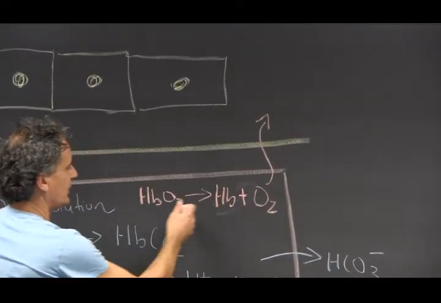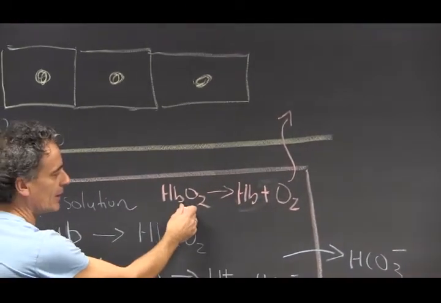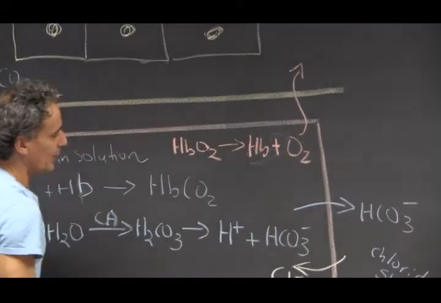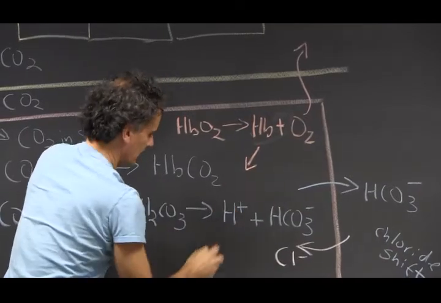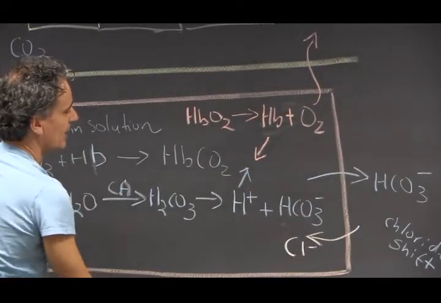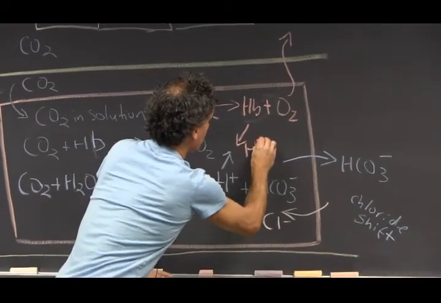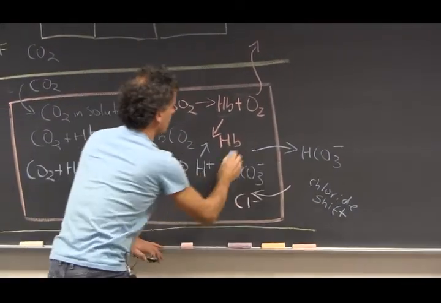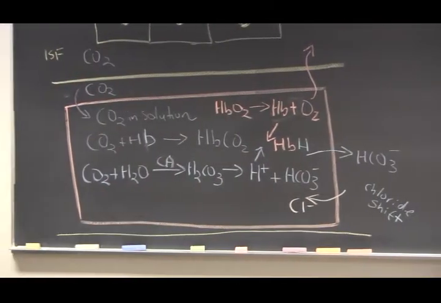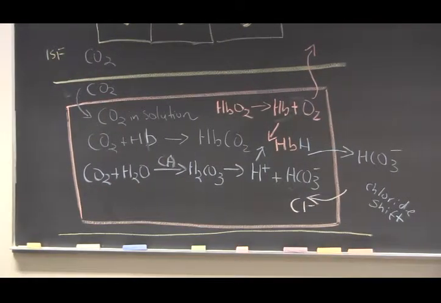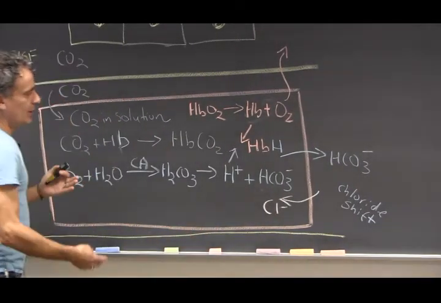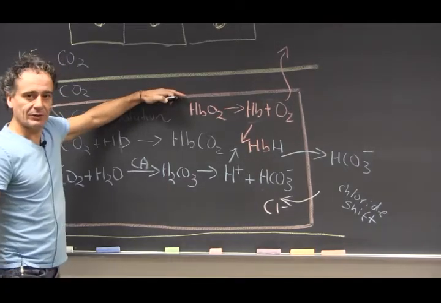As oxygen dissociates from hemoglobin, we now have deoxyhemoglobin that can very quickly bind this hydrogen ion and therefore become reduced, producing this reduced form of hemoglobin.